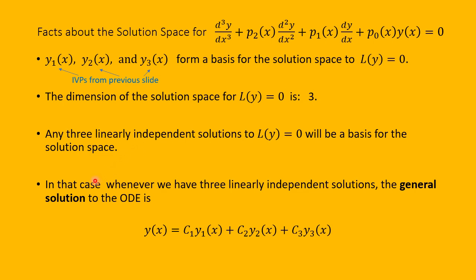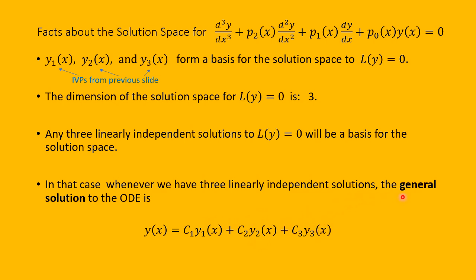So what we can say then is that the general solution of the ordinary differential equation is the following linear combination: c1 y1 of x plus c2 y2 of x plus c sub 3 y3 of x. And this holds whenever we have three linearly independent solutions, y1, y2, and y3.